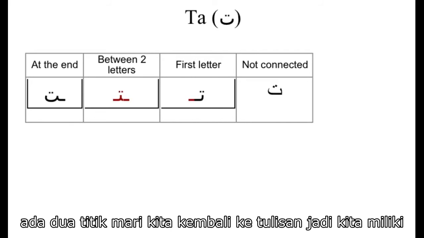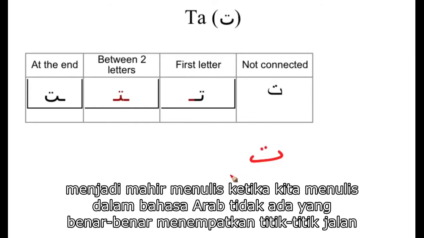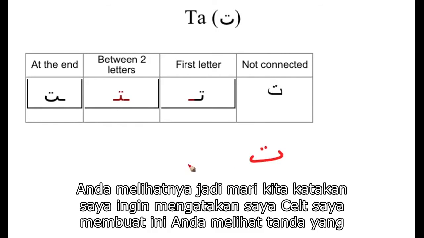Let us go back to the writing. So we have two dots. This is the ta again, and there's one dot, one dot. Later when you become advanced in writing, when we write in Arabic, nobody really puts dots the way you see it. So let us say I want to say akalt.